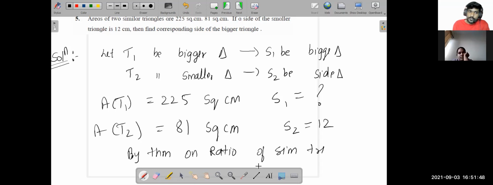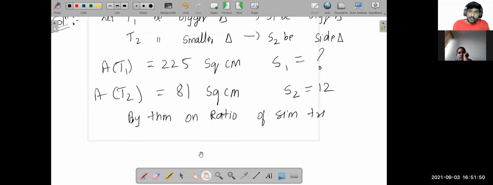AP square upon PQ square. Where did AP and PQ come from here? How to use a theorem here? Ratio of similar triangles, right?